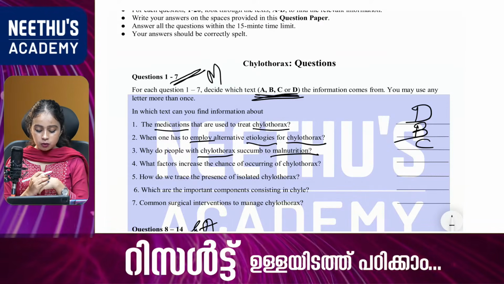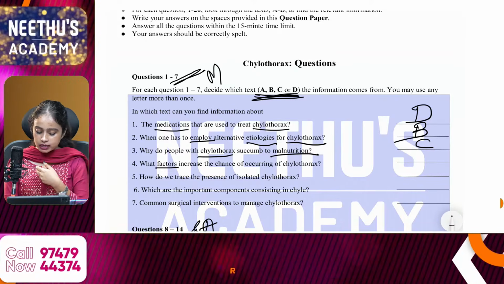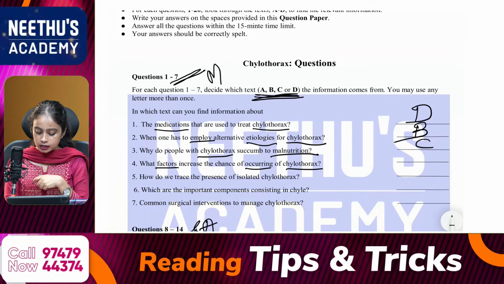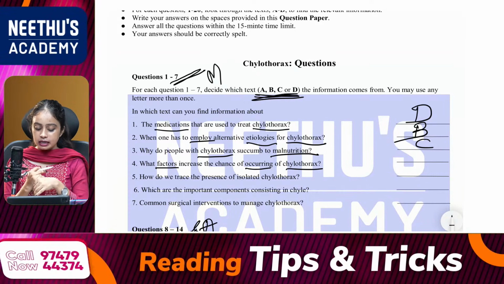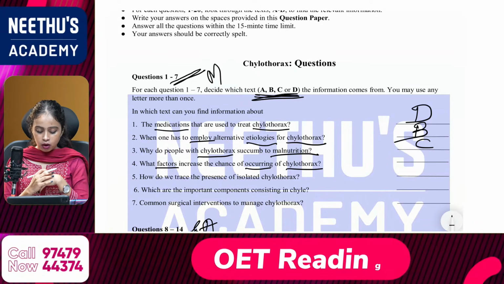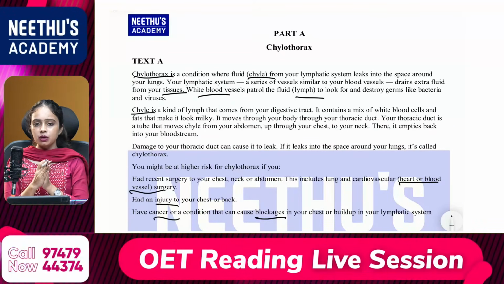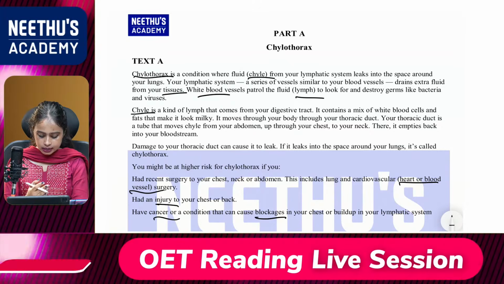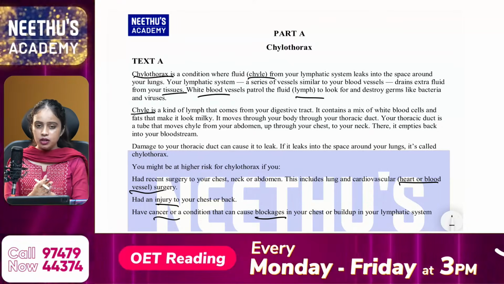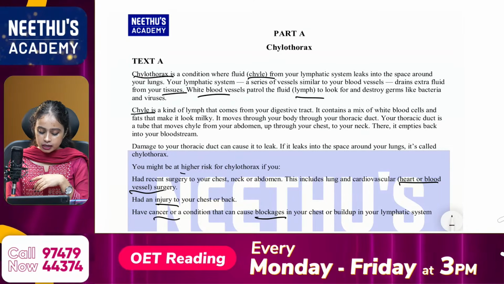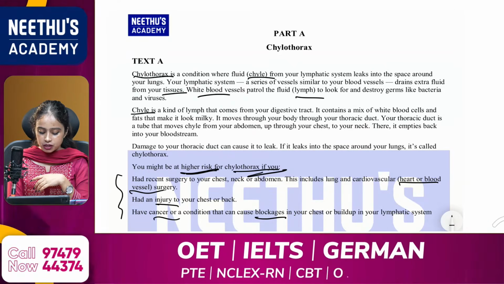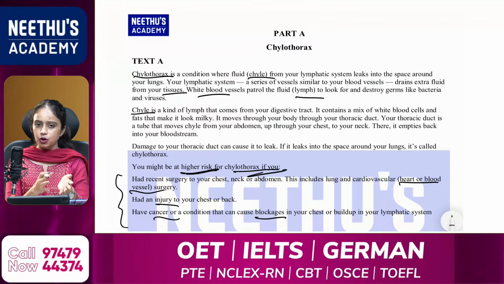Fourth one: what factors increase the chance of CK occurring? What are the factors that can increase the chance of this condition? Everything about the disease condition is mentioned in text A. As you can see here, you might be at higher risk of CK if you have the following conditions.